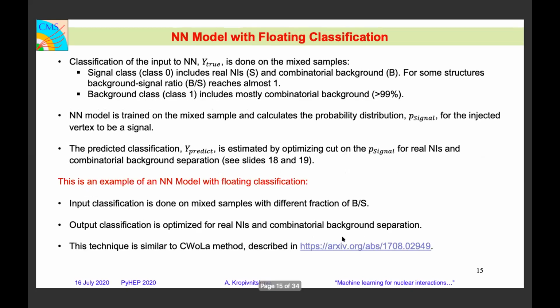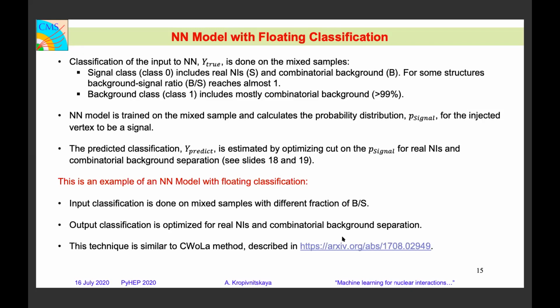Okay, we return to this slide. So I could tell the definition of the signal and background classification on the input. This is our S0, this is our mixed definition. Because when we make a classification, we have mixed samples, and sometimes under some structures, these samples include half of the signal and half of the background.